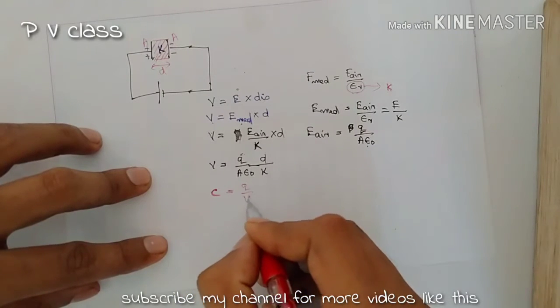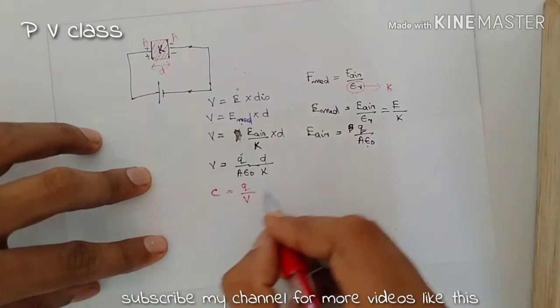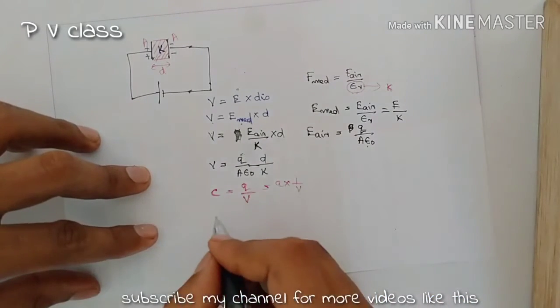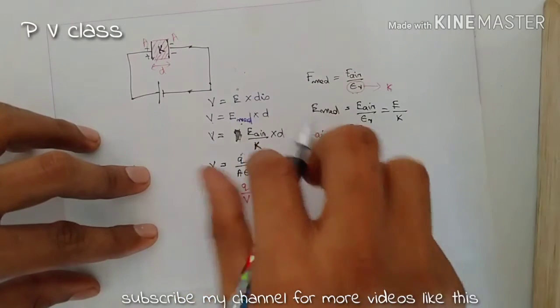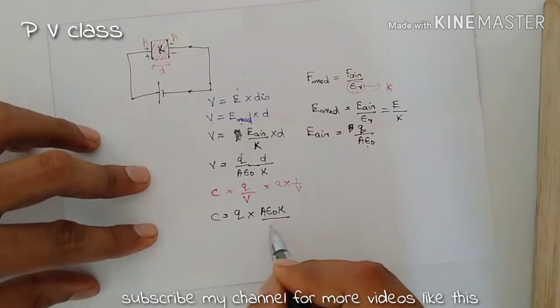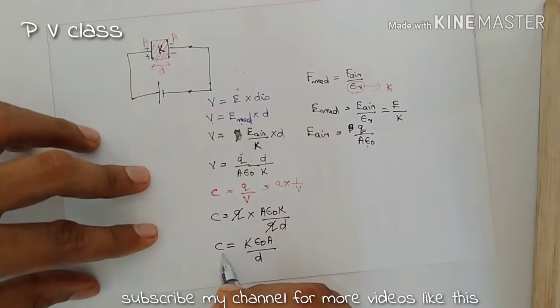C is equal to Q by V. If C is equal to Q by V is the basic expression of capacitance, we could write it is equal to Q into 1 by V, and substituting for V, 1 by V means reciprocal, that is A epsilon 0 K divided by QD, from which Q will get cancelled and C is equal to K epsilon 0 A by D. This is capacitance with dielectric, that is capacitance with a medium.